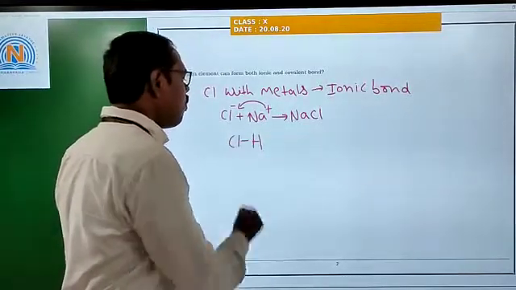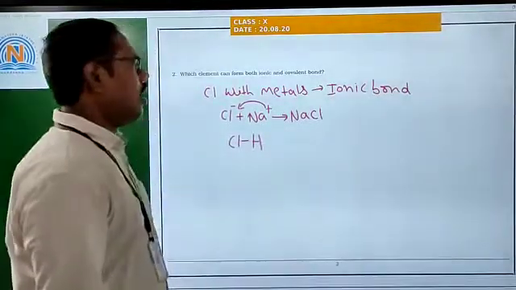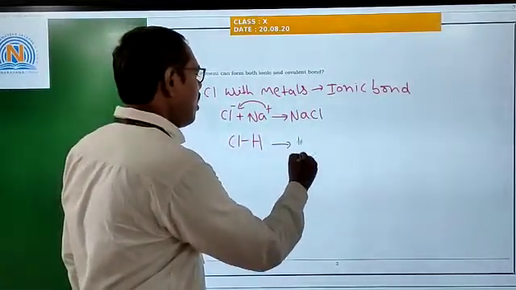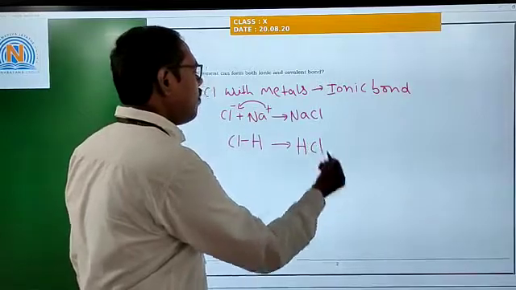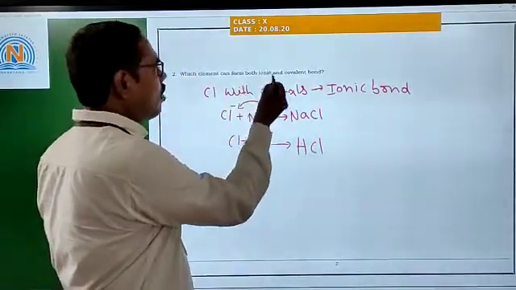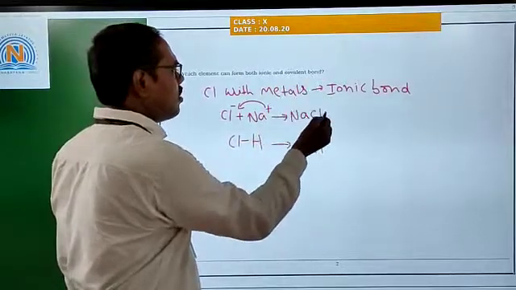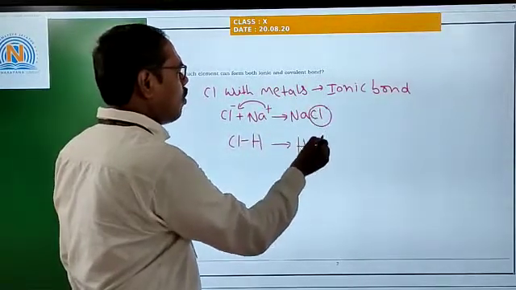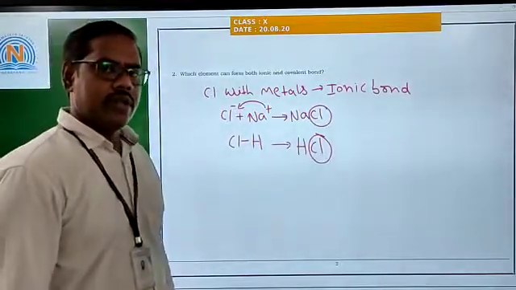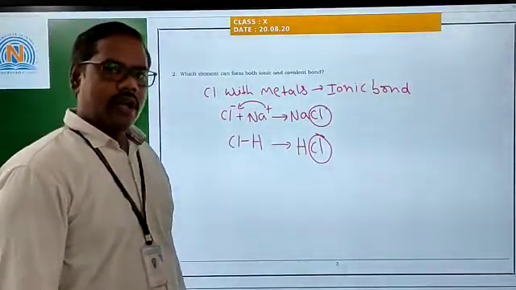Then between the two atoms, it can form the covalent bond. So in HCl, between hydrogen and chlorine, a covalent bond is present. So the element which can form both ionic and covalent bond is chlorine, with other atoms of an element.